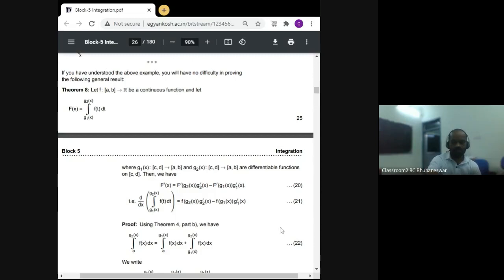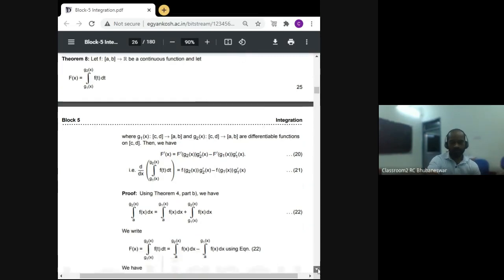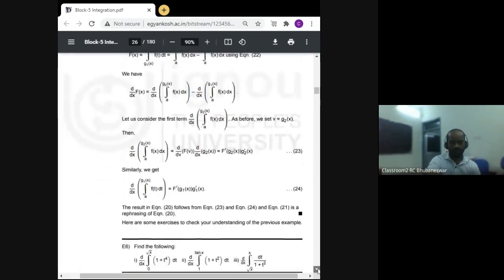So this is a simple formula we can apply to find the derivative of an integral.